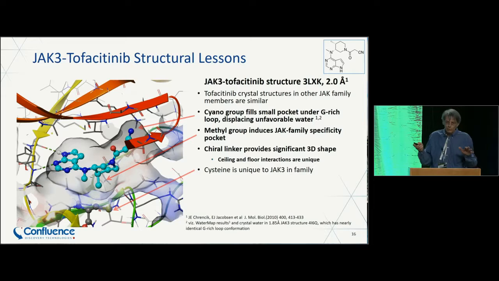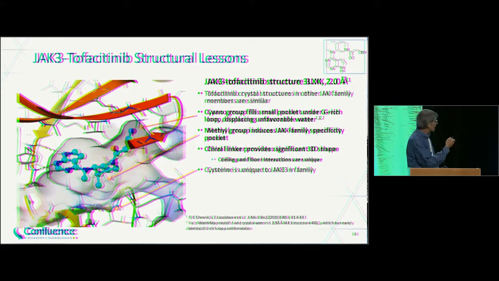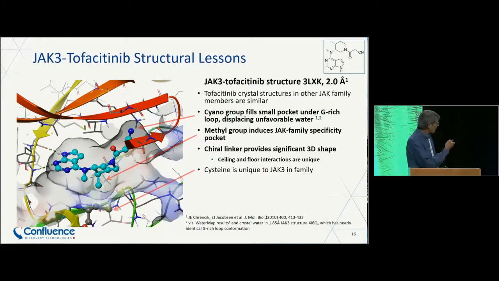And in kinases or proteins, if you have a water that's not really great for the energetics of the enzyme, and you can displace it with something that it likes better, you get a huge increase in enthalpy and a huge boost in potency. So that's incredibly important to be able to do. And then also importantly, when tofa binds, it creates a hole in the bottom of the kinase pocket, or the floor.